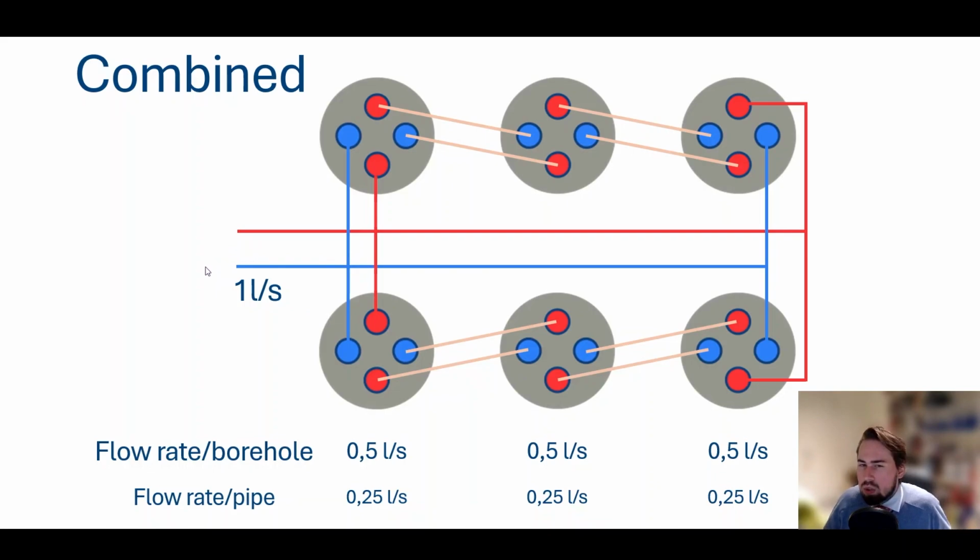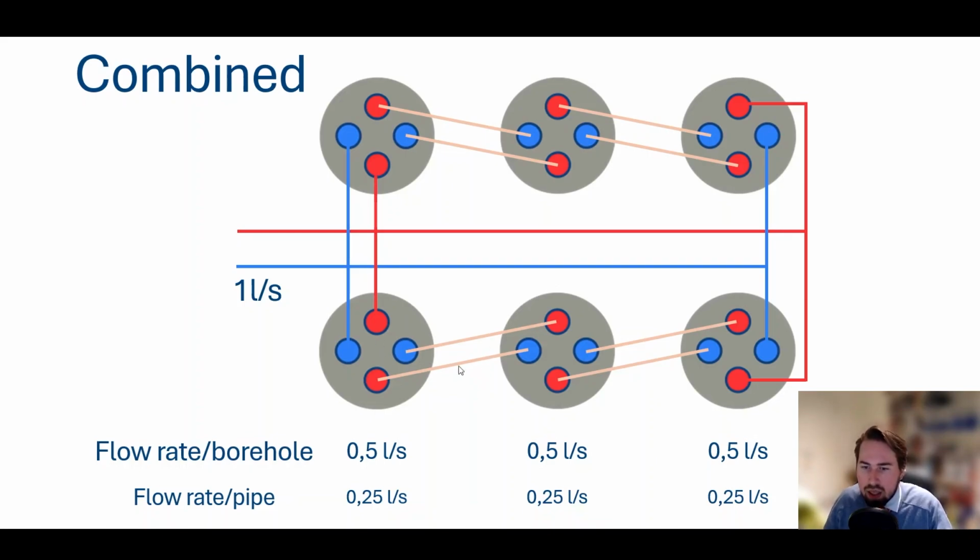So what do we know then? If our whole system has 1 liter per second of flow rate, and we have 2 groups in parallel, then we know that the mass flow rate should be split amongst those 2 groups. So we know that each group receives 0.5 liters per second.